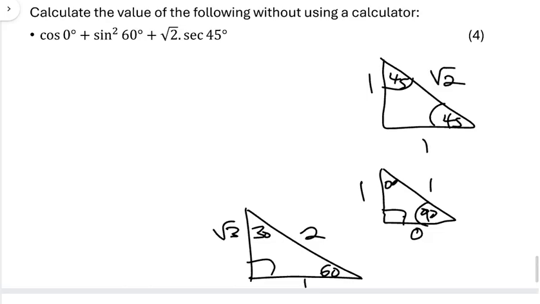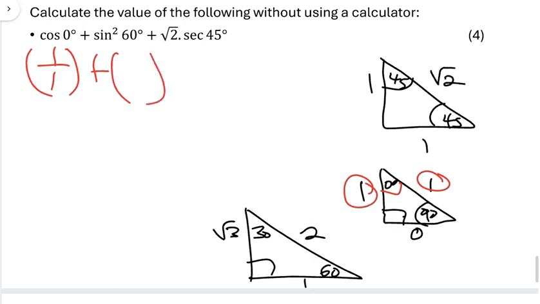And we start working. Cos of 0. So I am here, cos of 0, cos is adjacent, which is 1, so I have 1 over the hypotenuse, which is also 1, right? Plus sine squared of 60. Sine is opposite, square root 3 over hypotenuse, which is 2, squared, plus square root 2 times sec of 45.